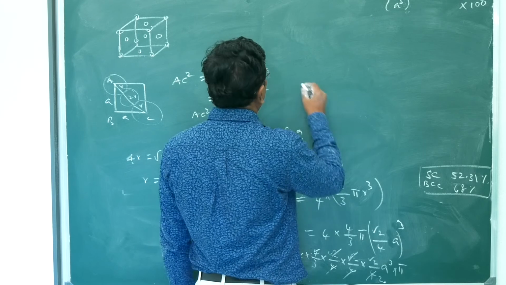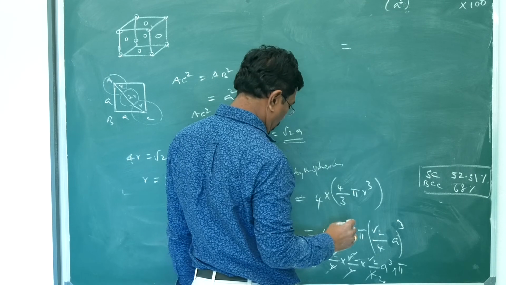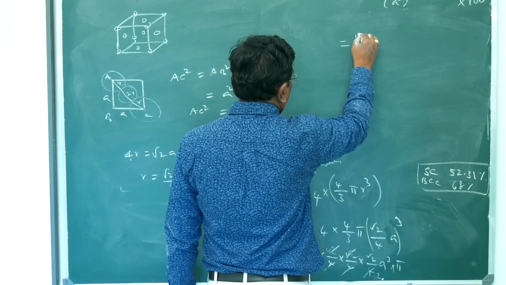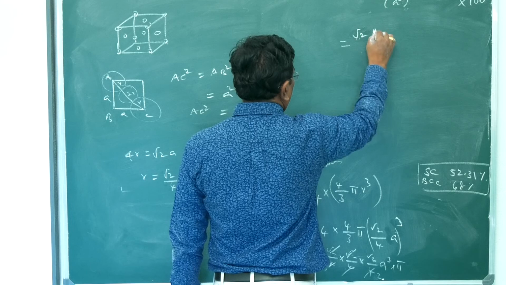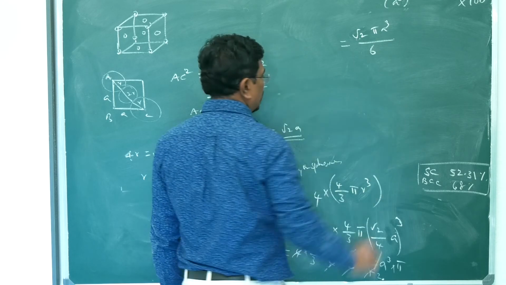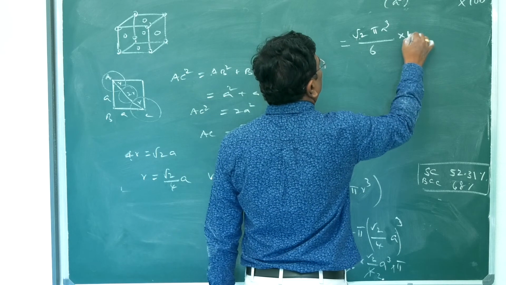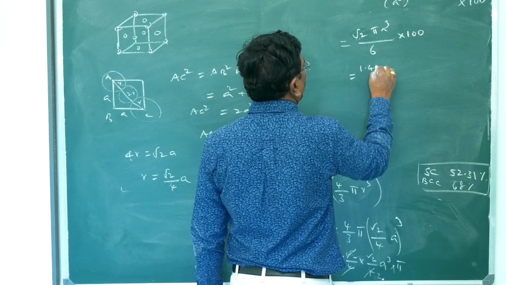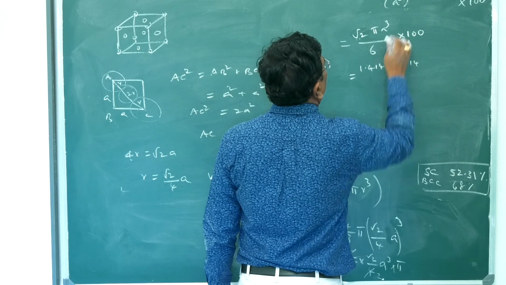So volume occupied by the spheres is equal to root 2 pi a cube divided by 6 into 100, which is nothing but 1.414 into 3.14, divided by a cube.